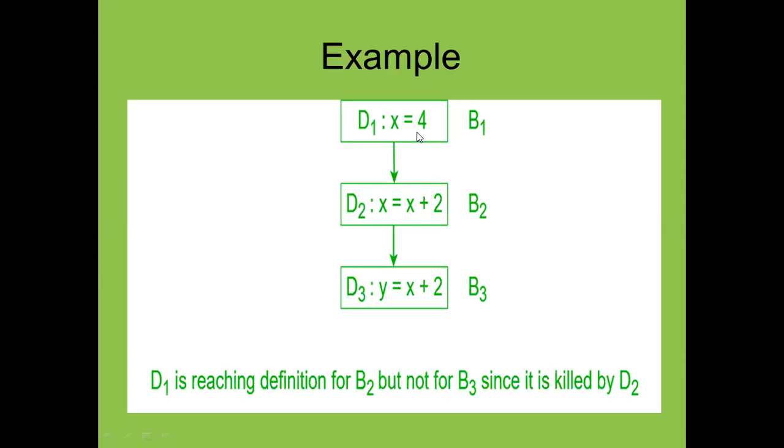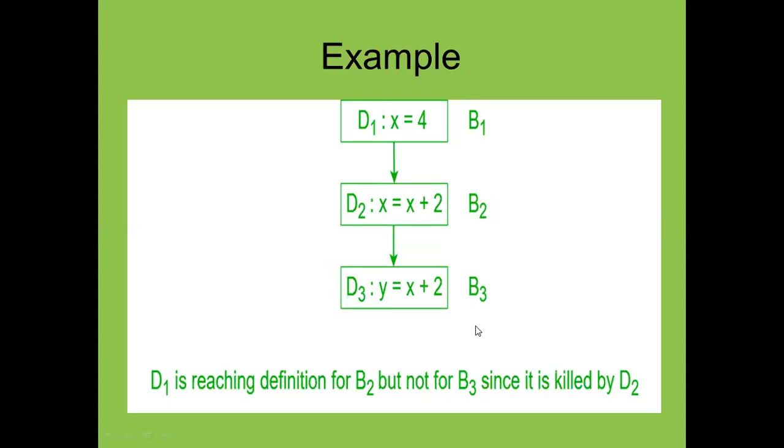Here you are assigning X is equal to 4 initially, and we have already divided the code into a number of blocks, and now the same value of the B1 block we will use in the second block B2, because these are dependent expressions. So at D2 level, X is equal to X plus 2, and now this value becomes 6. At basic block B2, this value will change. The final value of X at B2 level is 6.